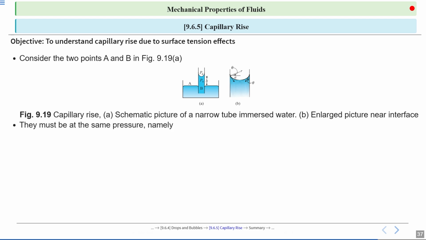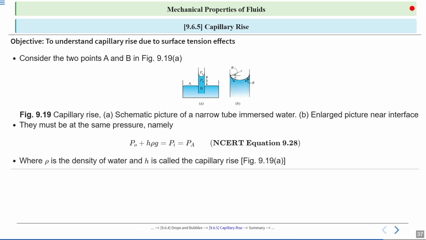At this stage, it's important to realize that points A and B, which are at the same horizontal level in the liquid, must be at the same pressure. So P naught plus h rho g is equal to Pi equal to Pa, where rho is the density of water and h is called the capillary rise.